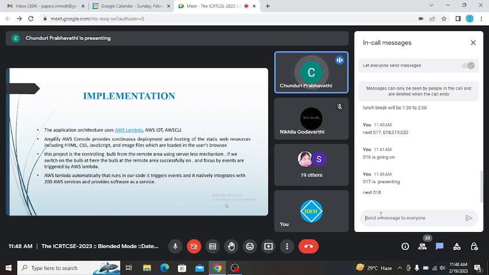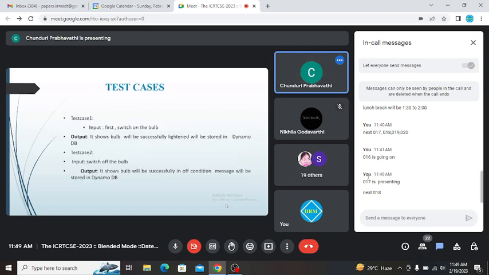It can natively integrate with 200 AWS services and provide software as a service. AWS Lambda is mainly a serverless computing service. It performs a particular task, such as retrieval, update, or manipulation, and it can trigger other services.